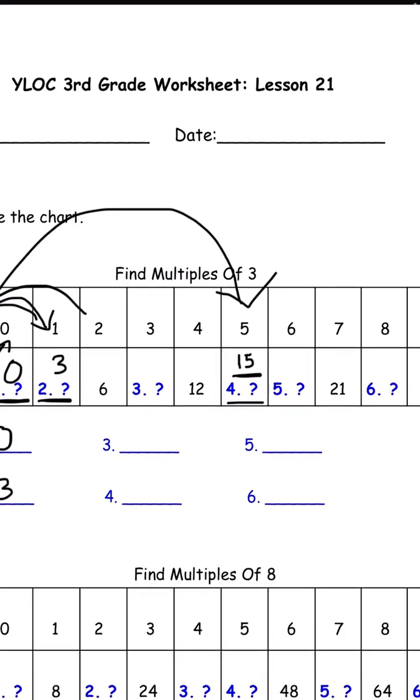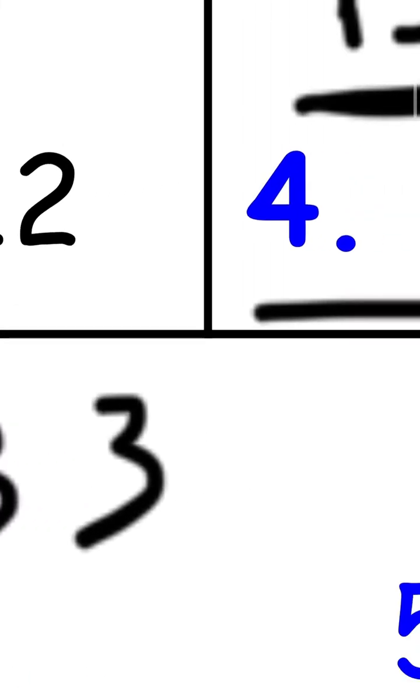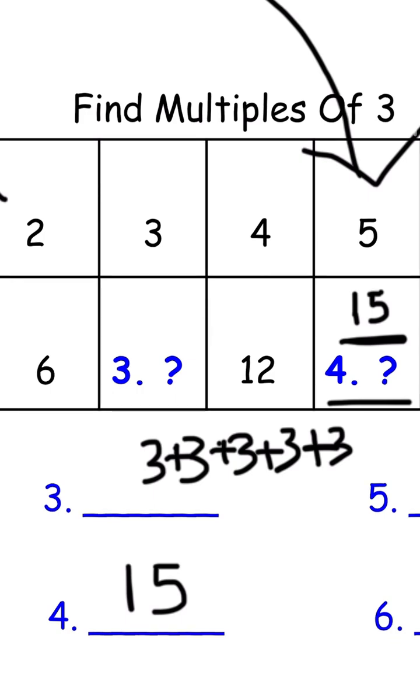So number 4 is going to be 15. And how do you know? Because if there are 5 3s, 1, 2, 3, 4, and 5, and you add all of them, we're going to get 15.